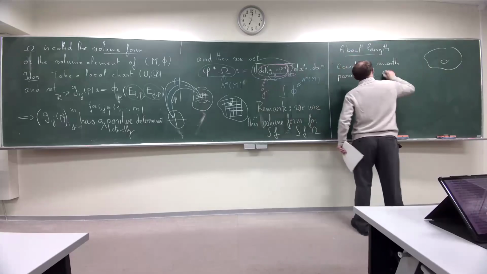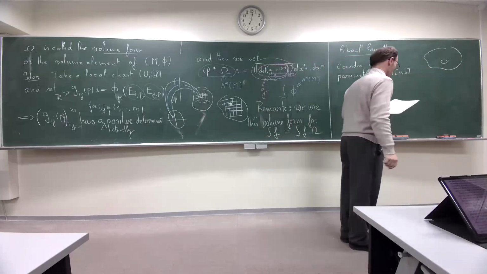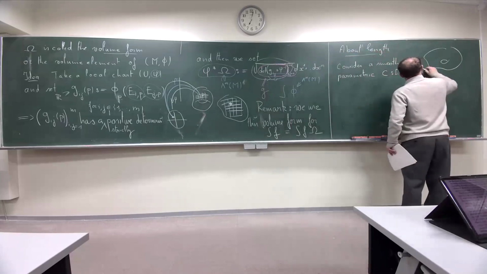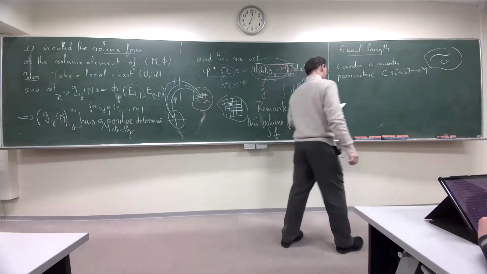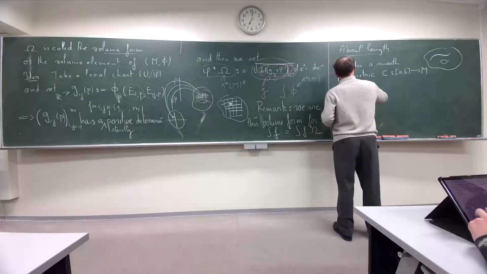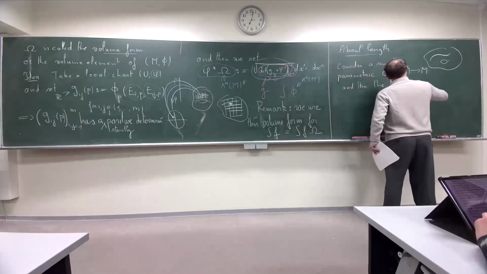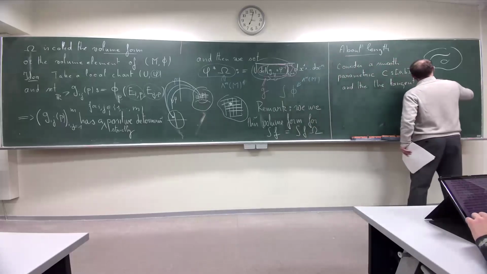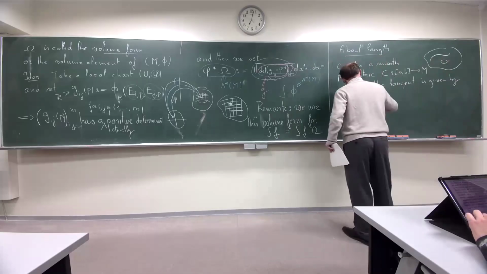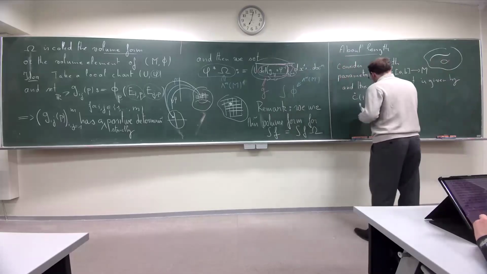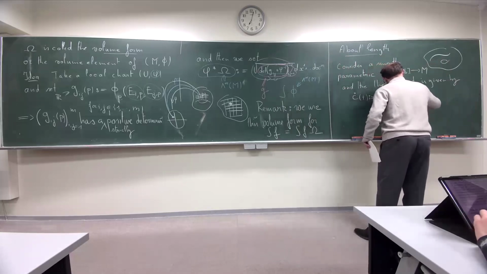It's just C from a closed interval, but last week I also mentioned it's not so important, to M. And so we have something like this on the manifold. And the tangent is given by C dot of t, which is by definition, be careful, C star of d over dt at t.